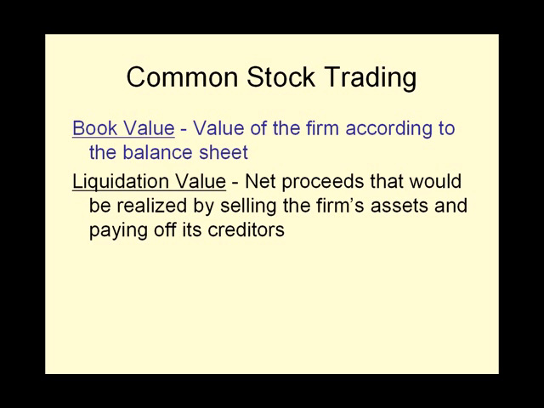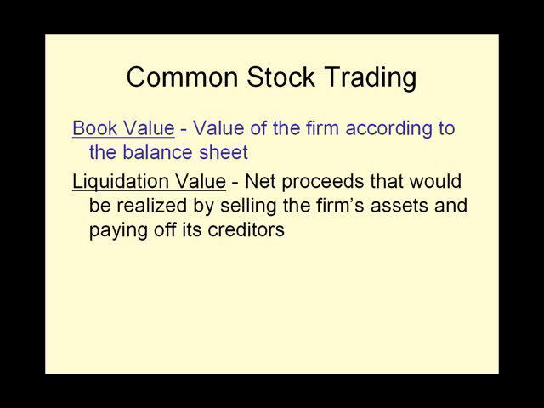The liquidation value of a firm is the net proceeds that would be realized by selling the firm's assets and paying off its creditors. So, in a sense, that's the residual equity value. The assets have a market value that can be realized by selling them.